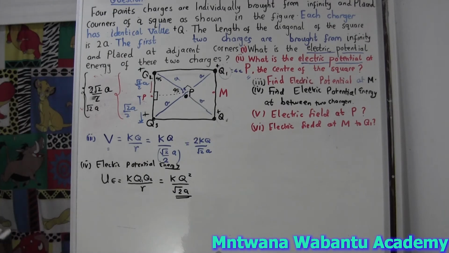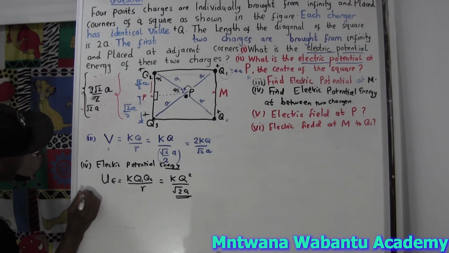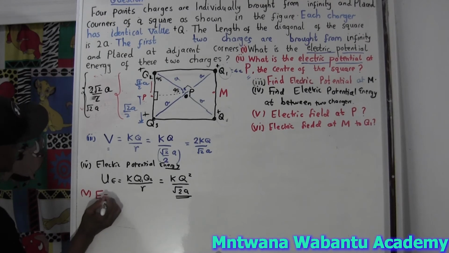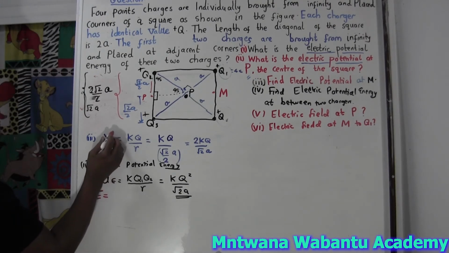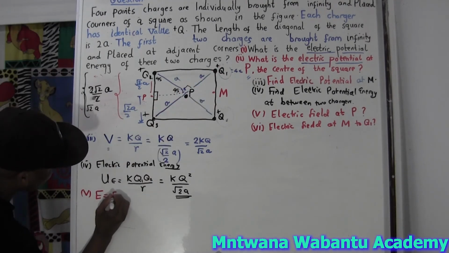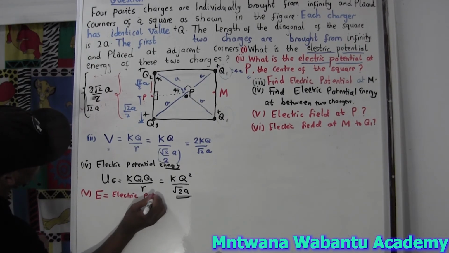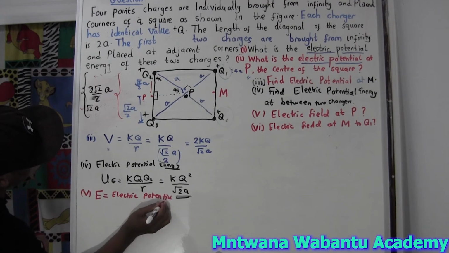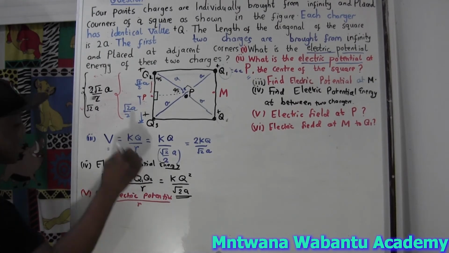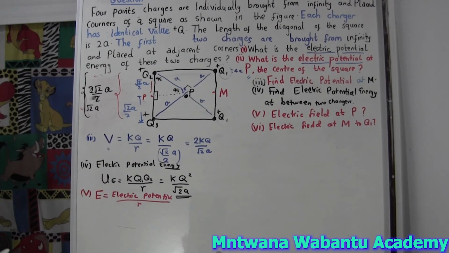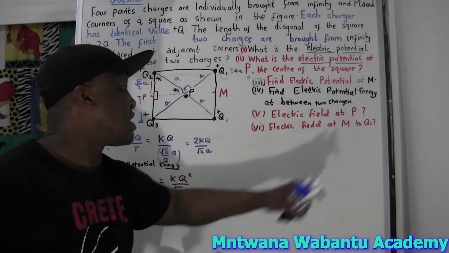Now, they say find the electric field at P. Oh, now this is another thing, electric field. For electric field, take your electric potential over R. So electric field at P. What is our P?